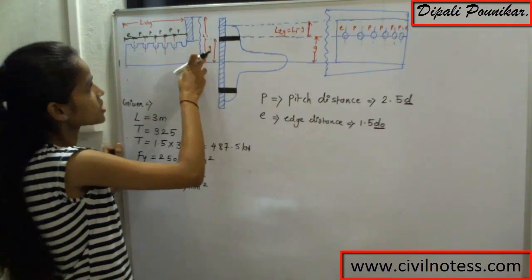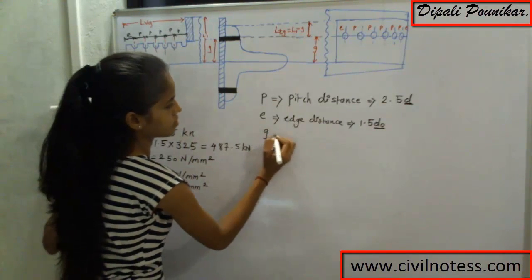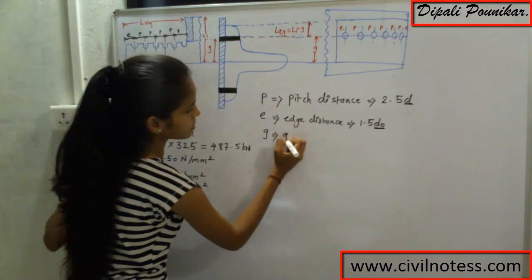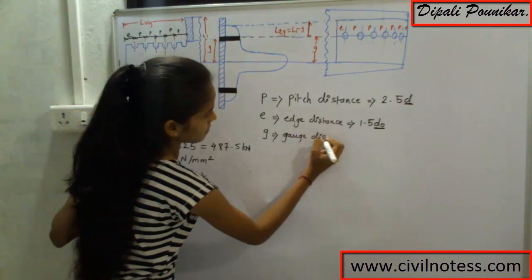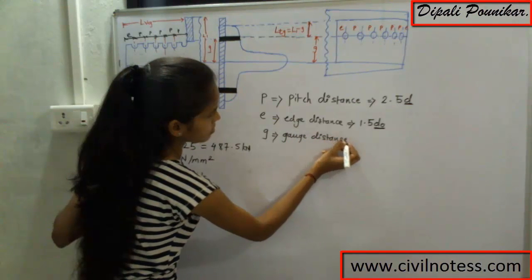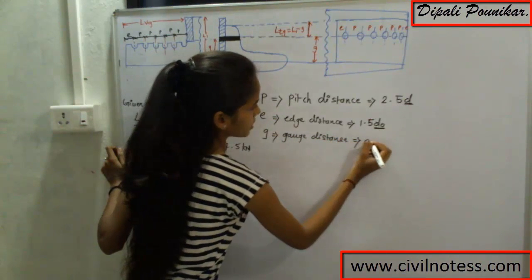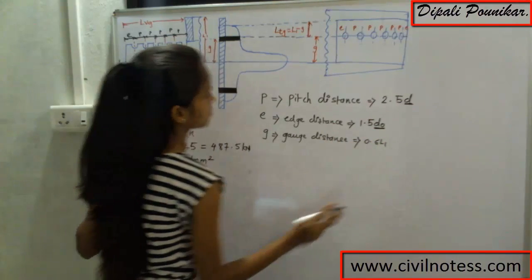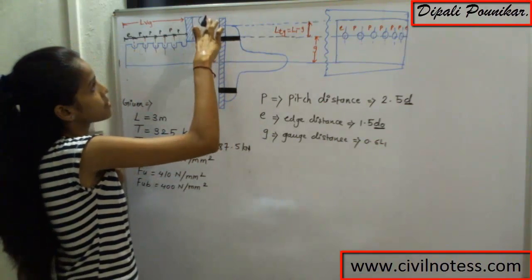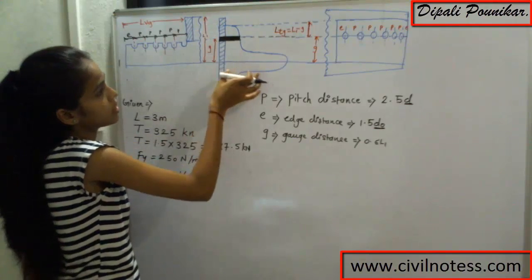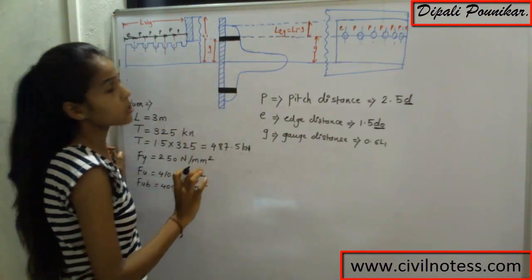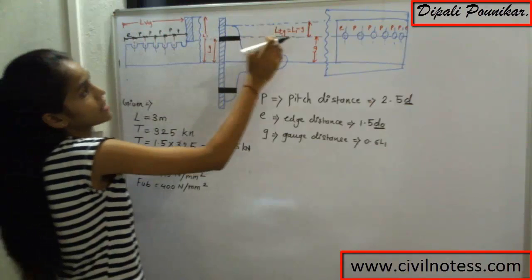G is the gauge distance. For calculation of gauge distance, the formula is 0.6 L1. L1 is the longer side of the angle and L2 is the shorter side. Then LVG and LTG.